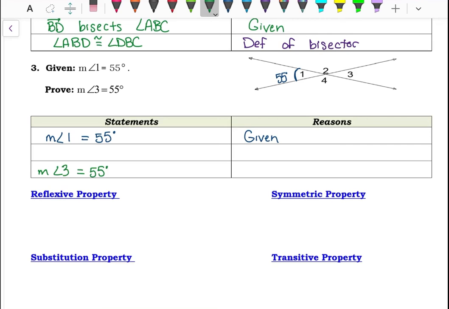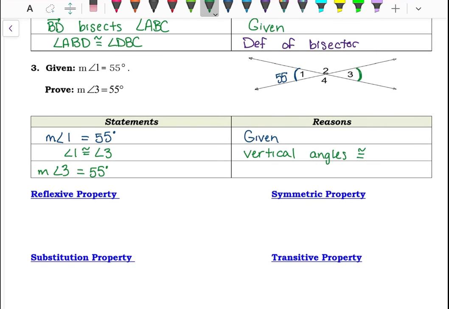I'm going to look for a relationship between angle 1 and angle 3 that I could put in the middle there. Well, angle 1 and angle 3 are vertical angles. Remember, vertical angles are congruent to each other. So I can say that angle 1 is congruent to angle 3 by vertical angles.